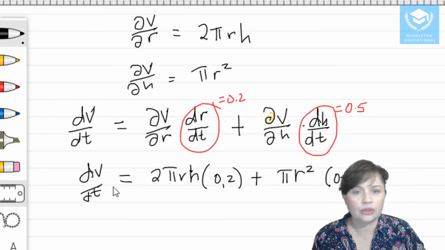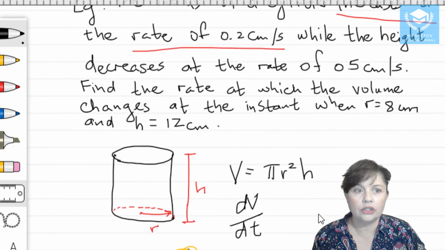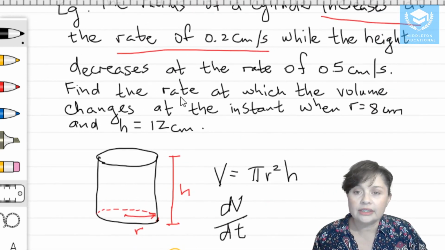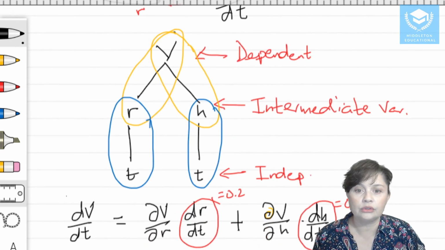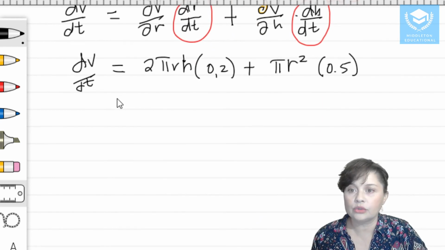And if we now go back to the question, it asks you, what is the rate at which the volume changes at the instant where your radius is 8 and h is 12. So now you can substitute these two values into the equation you've got, and we just replace all of these.